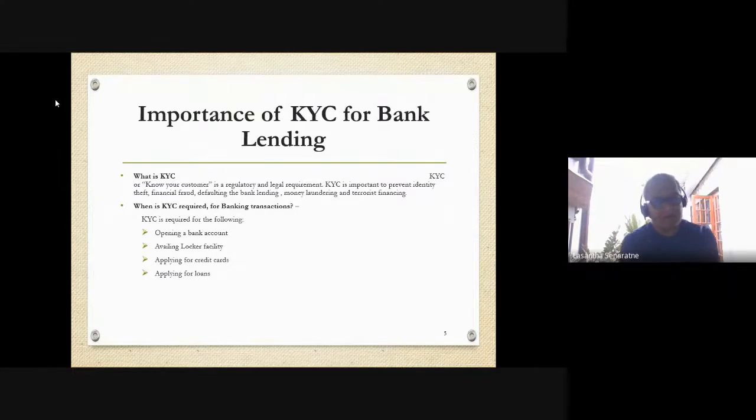KYC, or know your customer, is a regulatory and legal requirement. KYC is important to prevent identity theft, financial fraud, default in bank lending, money laundering, and terrorist financing. So the banker's understanding is that KYC is only for money laundering and terrorist financing, but not for defaults in bank lending.